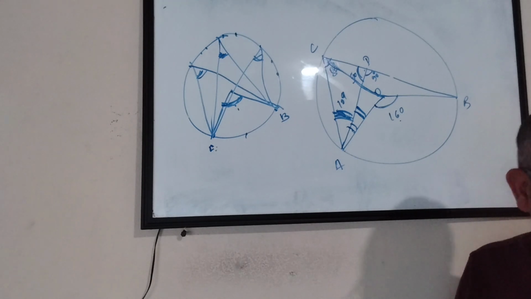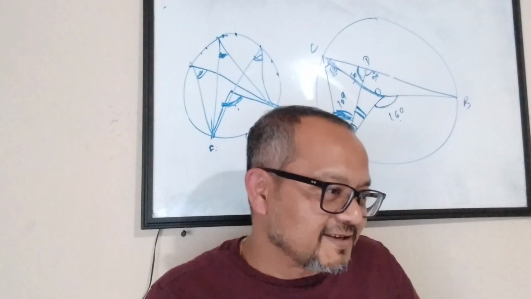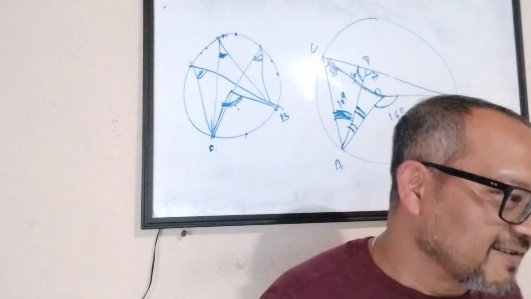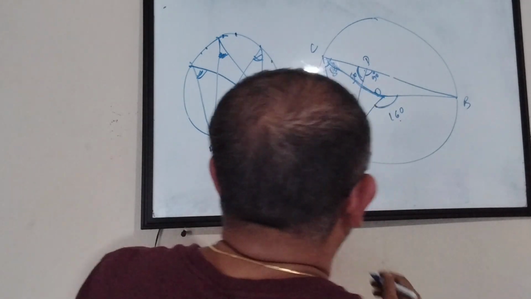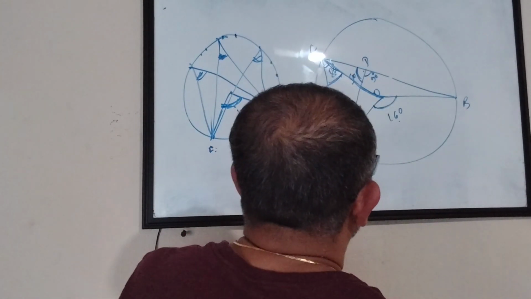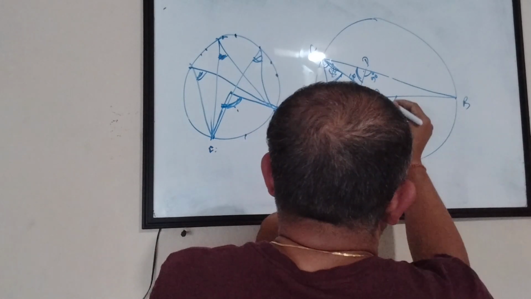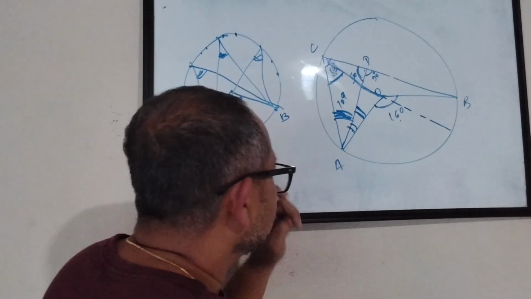This is going above everybody's head, it seems. I see different expressions. No? Okay. So I'm trying to find out what is the value of this angle first, so that I can apply it here.